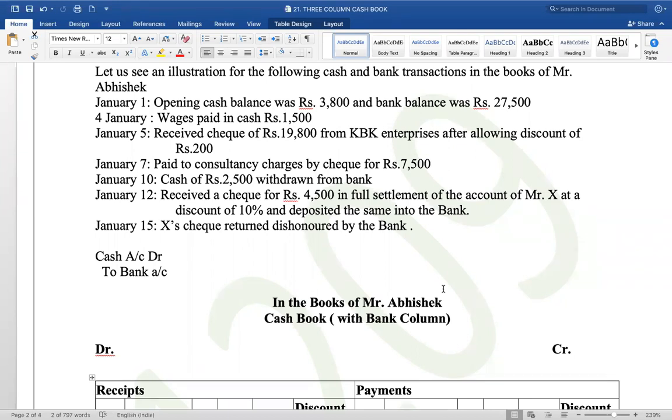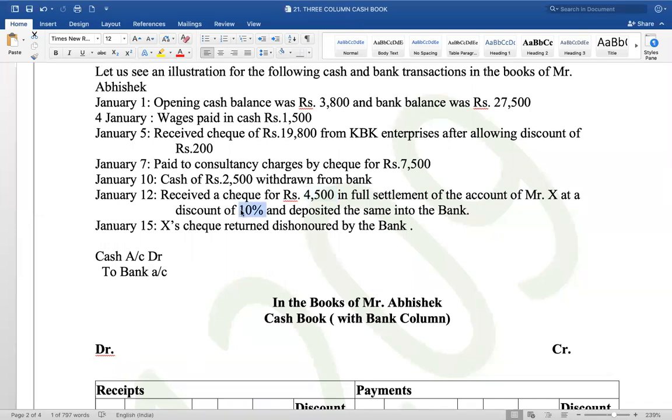This 4,500 check, whatever we have received, is after giving Mr. X the discount. Whatever amount is available, that amount is 90%.